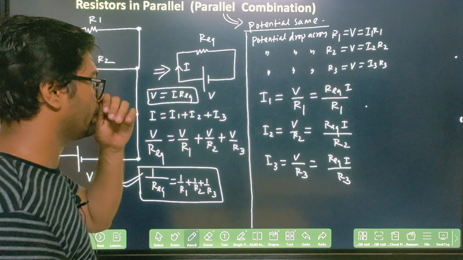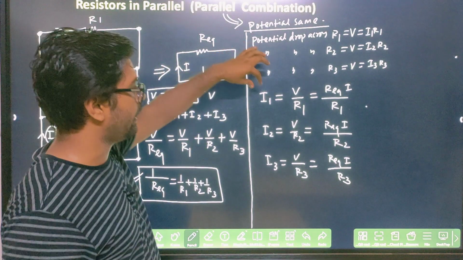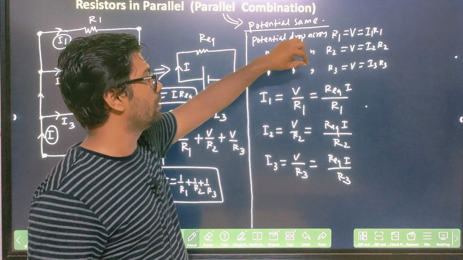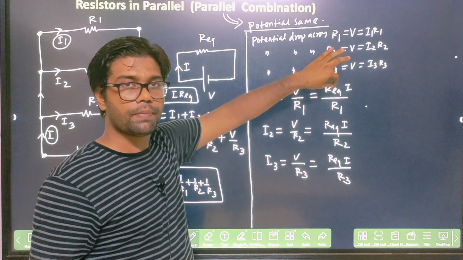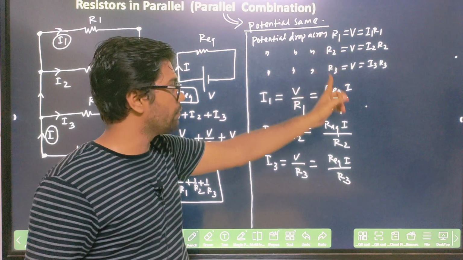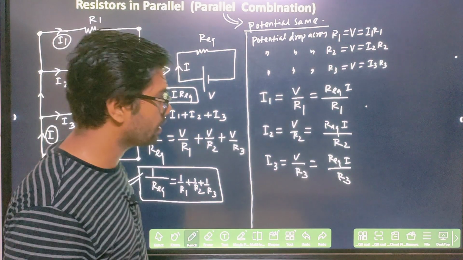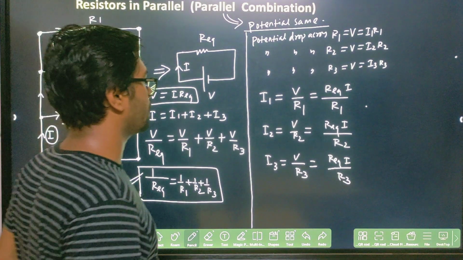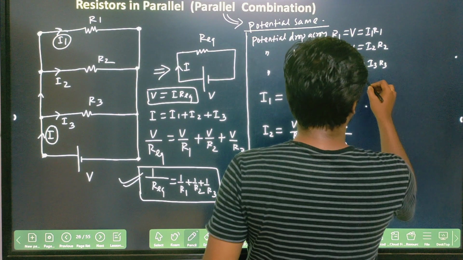So this thing you have to remember, right? Current through any resistor you can find as R equivalent of the parallel combination into the net current flowing, divided by R1. Clear? In this way you can find out, right? Now one more thing I want to tell here.